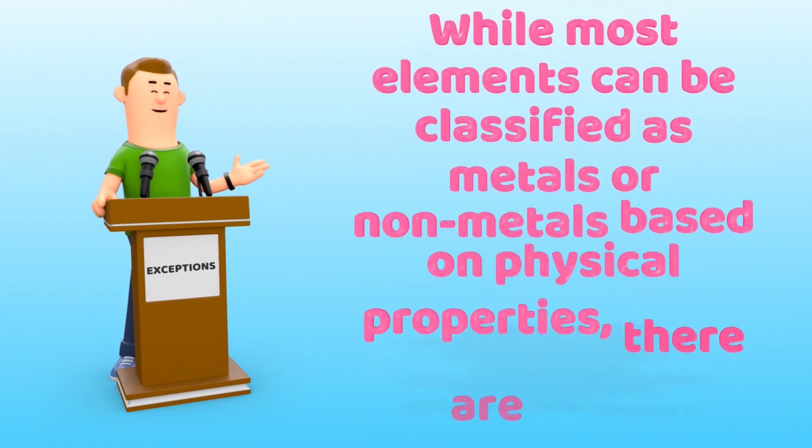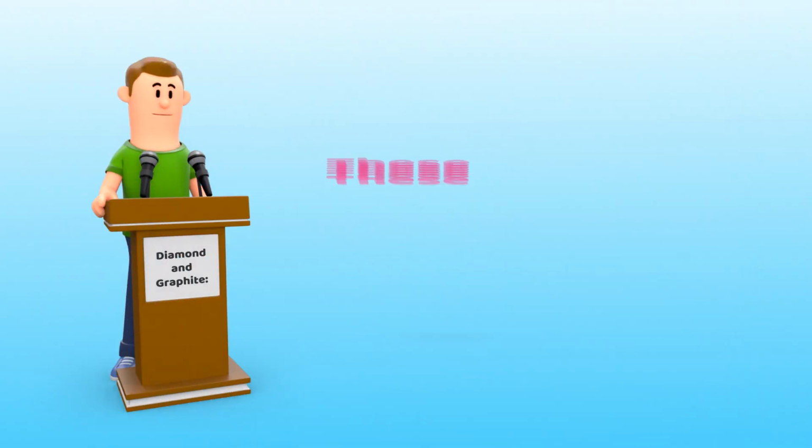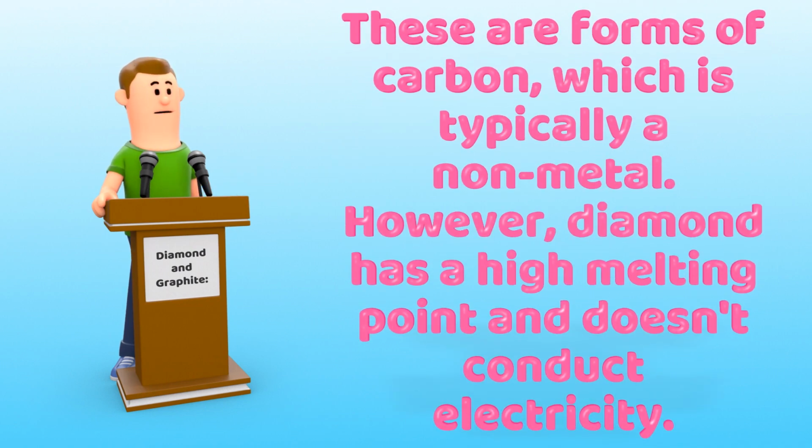Let's now discuss the exceptions. While we can classify elements as metals or non-metals based on their physical properties, there are a few cases where there are some exceptions. Okay, let's think of diamond and graphite. These are forms of carbon, which is a non-metal. However, diamond has a high melting point, it doesn't conduct electricity, and it's very hard.